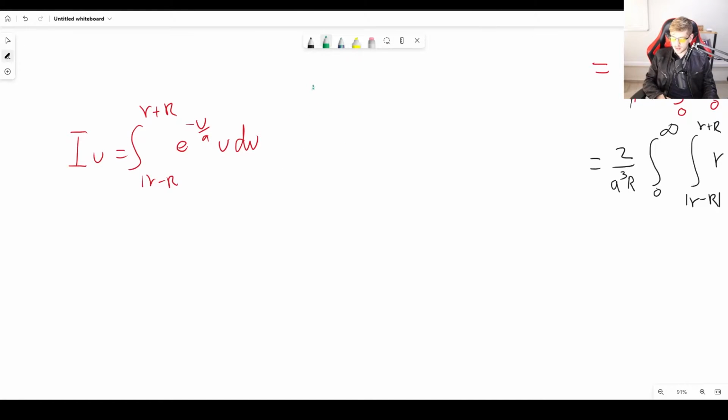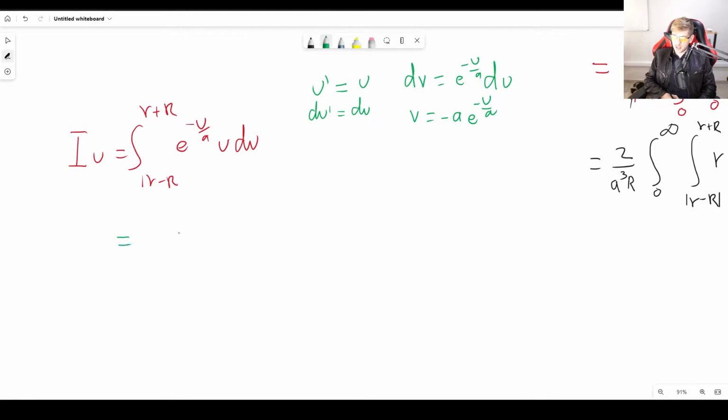So we can say, I don't know, u prime, this is going to be u, and du prime is thus du. dv, we can choose it to be e to the minus u over a du. So then if we take the integral of that, we get minus a e to the minus u over a.